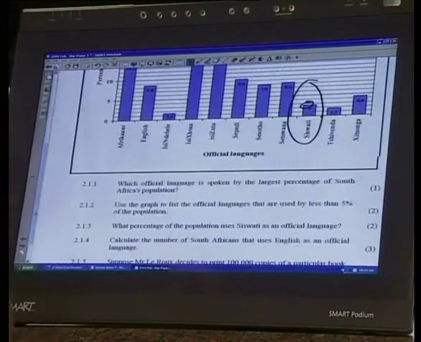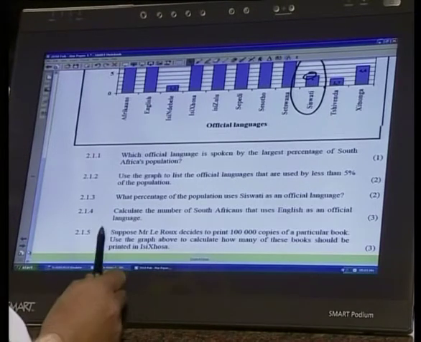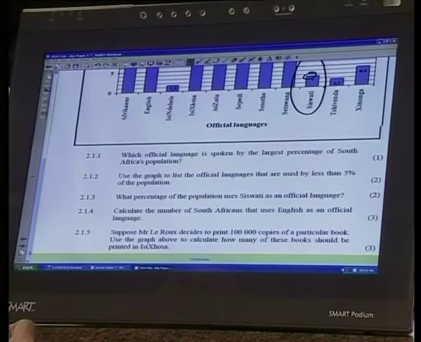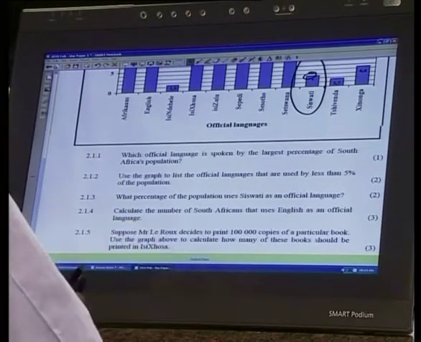And we're scrolling down. Now, it goes on to say, suppose Mr. LaRue decides to print 100,000 copies of a particular book. Use the graph above to calculate how many of these books should actually be printed in isiXhosa.